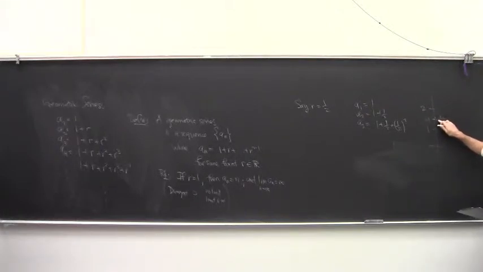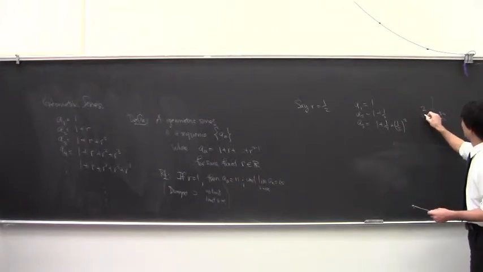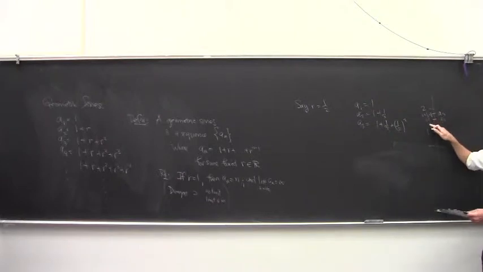A3 is 1 plus a half plus a quarter, which is half of the remaining distance. Then you add on an eighth, you add on a 16th, and so on. You see what's happening: each time you halve the distance to 2, and the limit is going to be 2, at least it seems like it.